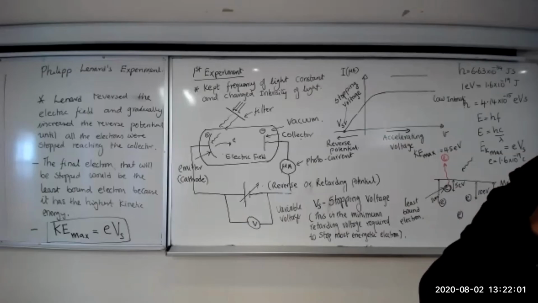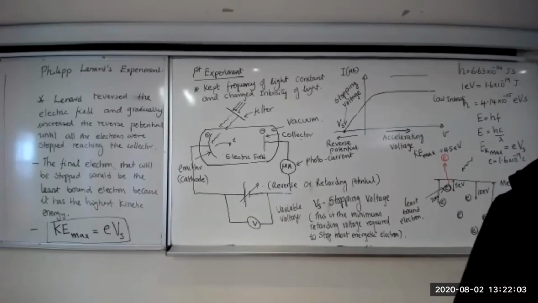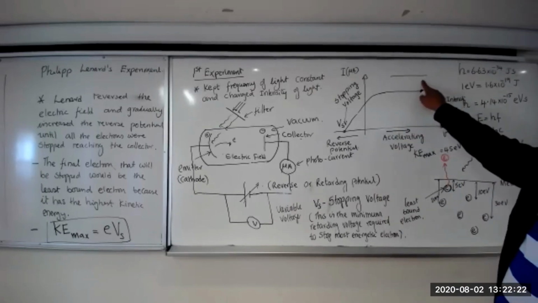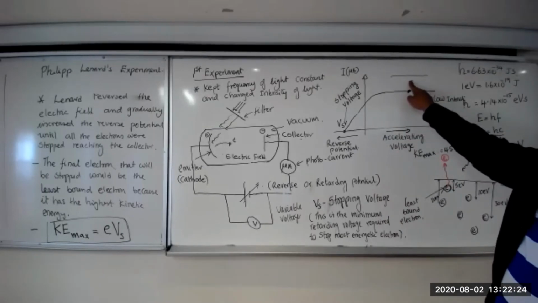Then the least bound electron should be gaining more energy. So if I'm trying to stop that least bound electron, I need to apply a bigger reverse potential. That's what the wave model predicted. The wave model thought, okay, you need a bigger stopping voltage because I'm giving more energy. So the wave model was happy with that because you get more current now. It's kind of indicating giving more energy.